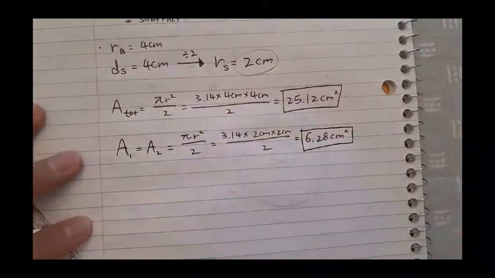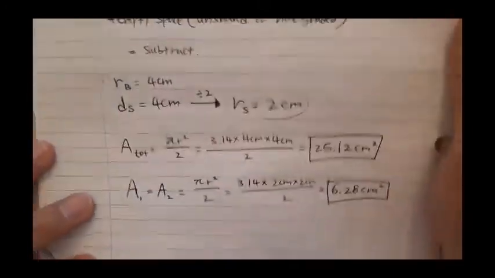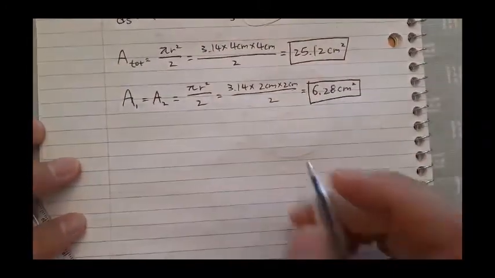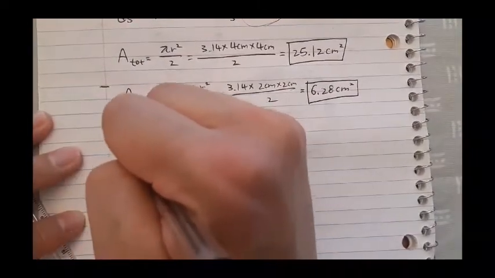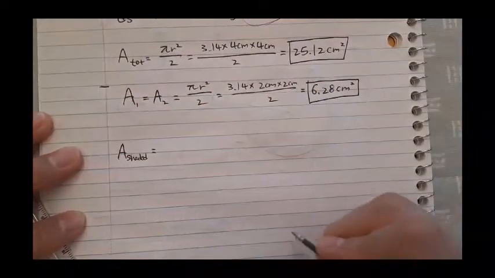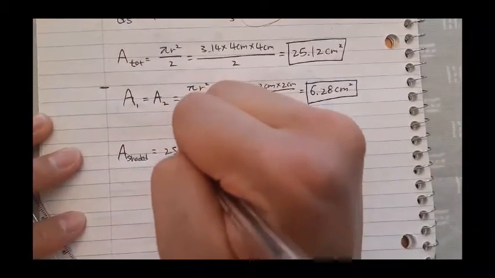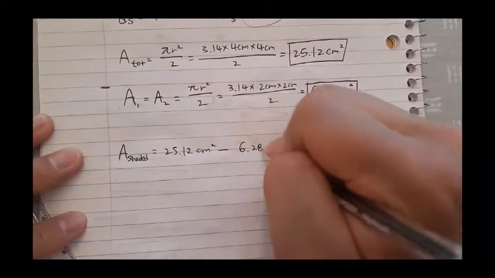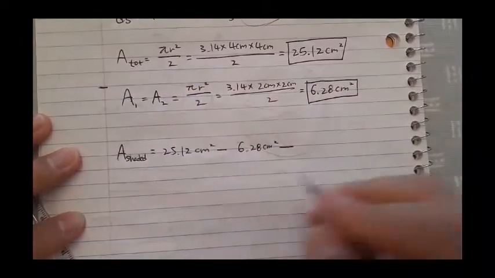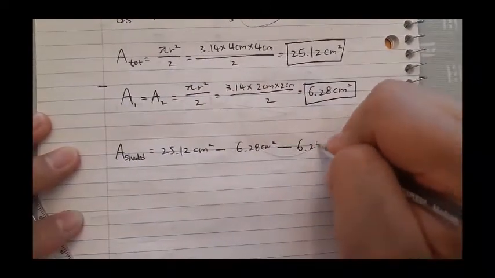That's what it is. Now, our final step, subtracting and figuring out the shaded area. Shaded area is equal to my total, 25.12 centimeters squared, minus 6.28 centimeters squared, but we have two of the identical semicircles, 1 and 2.